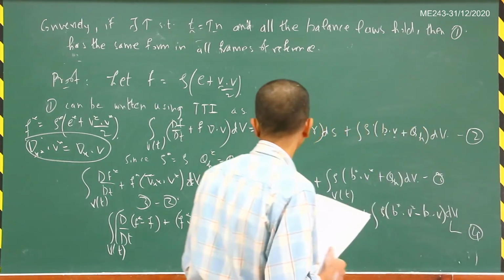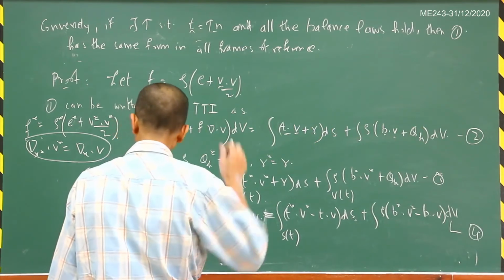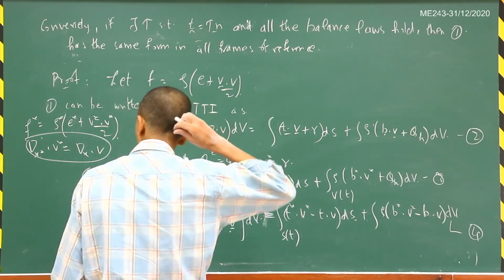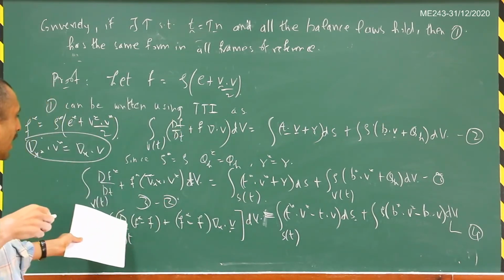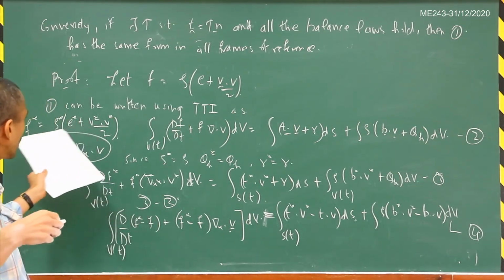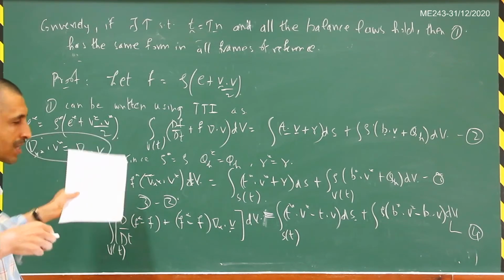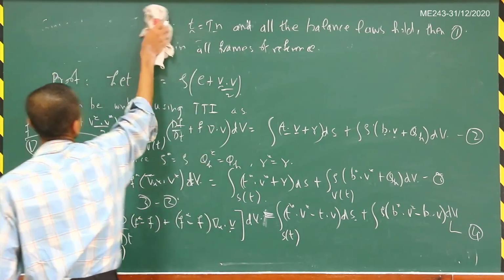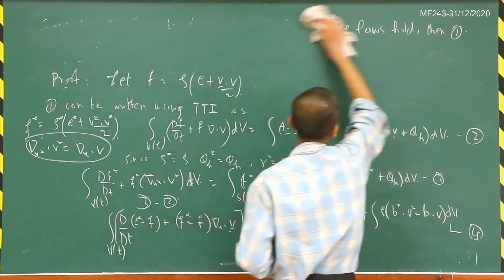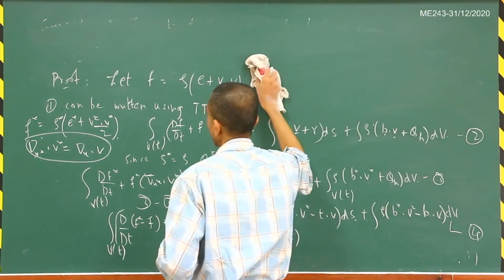Okay. So now let us use the expressions for f star and f. f star is given by this, and f is given by the same thing without the star quantities here. So let us find all these quantities and substitute into these and see what we get.